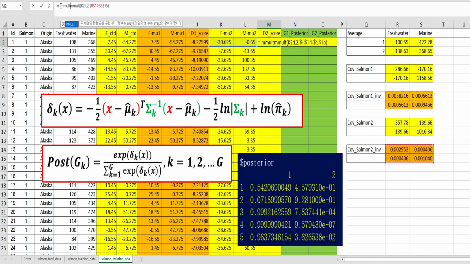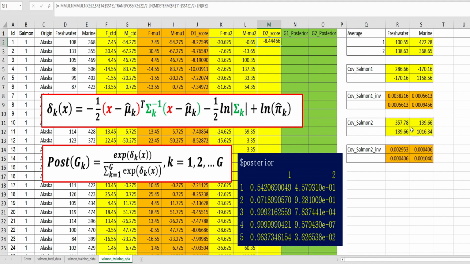And MMULT, sigma and transpose. Okay, and over 2 minus log of determinant covariance matrix from group 2, press F4, over 2 plus log of prior probability, which is 0.5, okay.